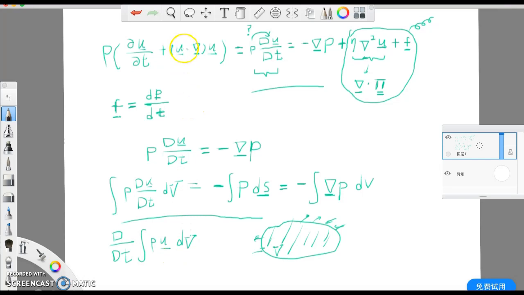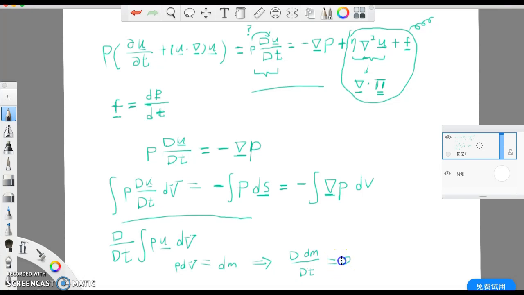And when you get that, interestingly, because of the conservation of mass, you will find that in fact rho dV is dm and is constant, and dm/dt is 0. So you're left with just this.